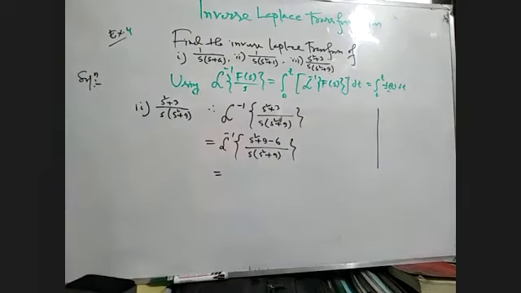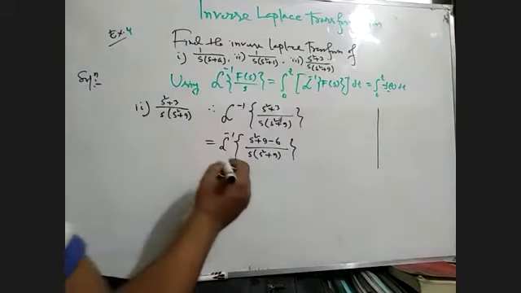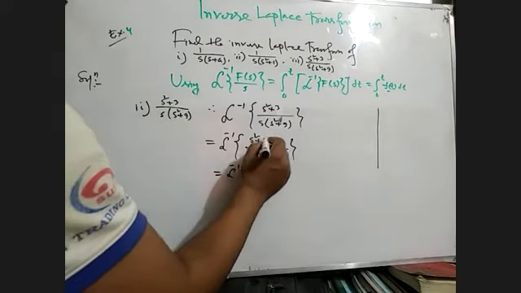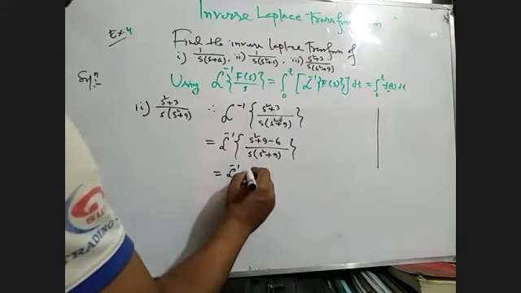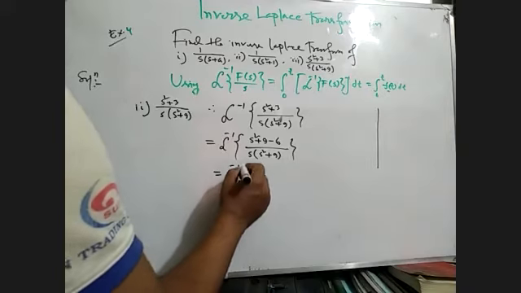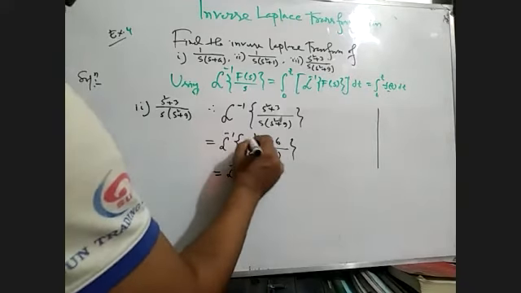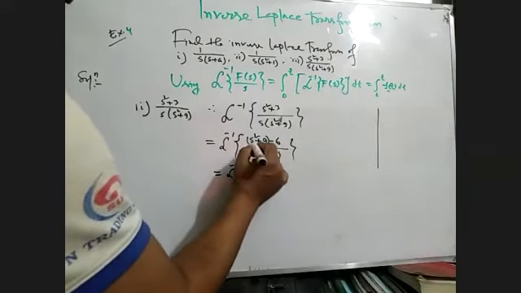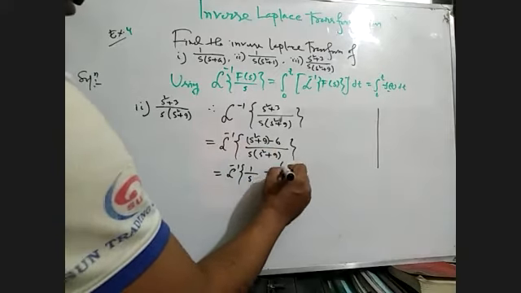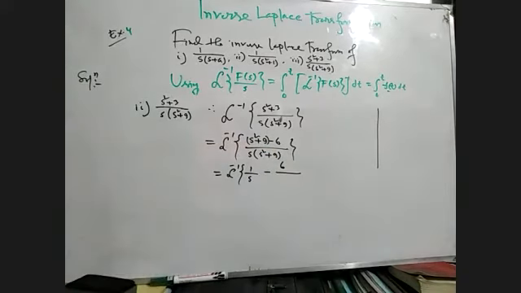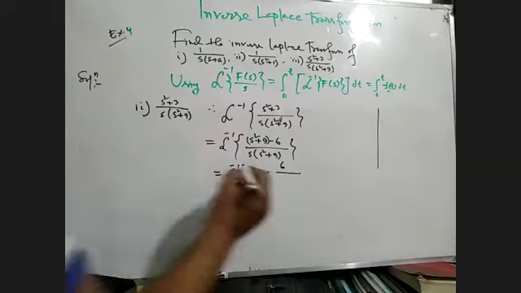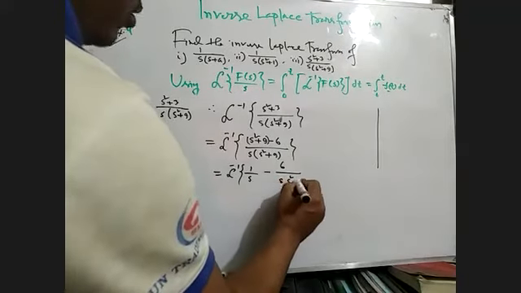Making partial fractions, s square plus 9 divided by this whole, we get 1 by s minus 6 divided by s into s square plus 9.